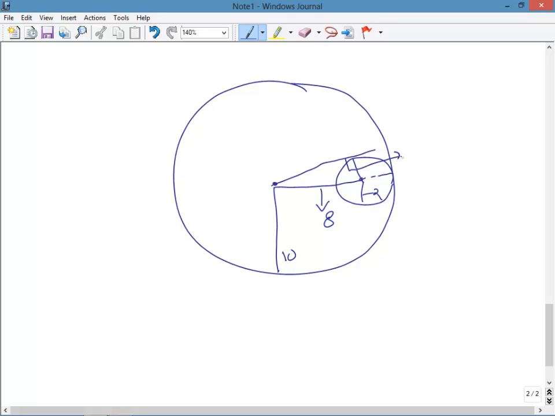This is 2. 8 square minus 2 square is the tangent squared. That is 60, root 60, which you can write as 2 root 15. You can find it the other way as well. It's an even simpler case. I'll solve the second case. Just observe this one.